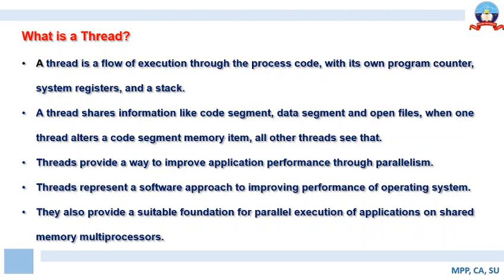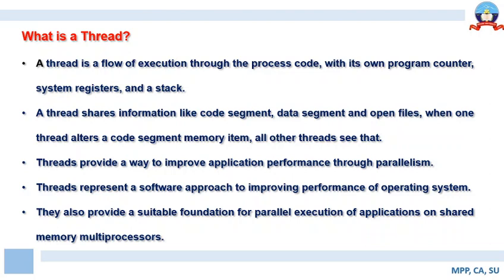In this particular slide, we have learned that a thread is a way of execution. There can be multiple ways of execution associated with a process, so in a process there can be multiple threads. The set of threads that belongs to a process shares code, data, and open files.